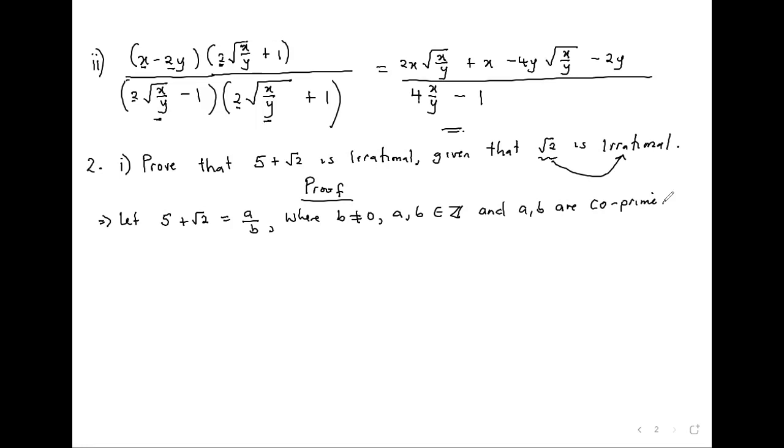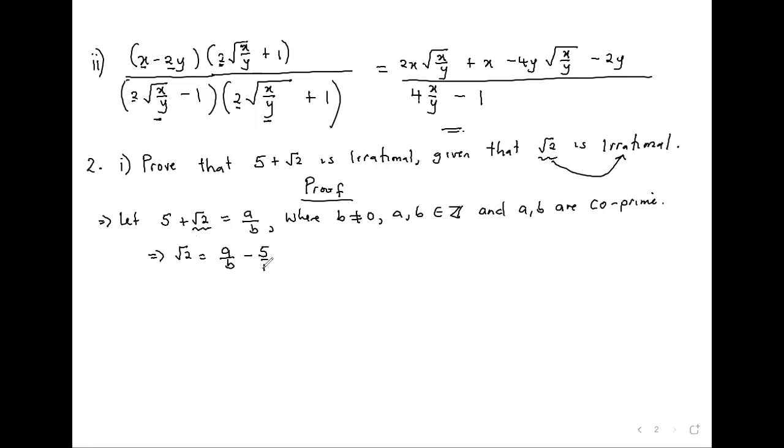After you write this statement, then you solve, you make root 2 the subject of the formula. So you say, this implies that root 2 is equal to a over b minus 5.